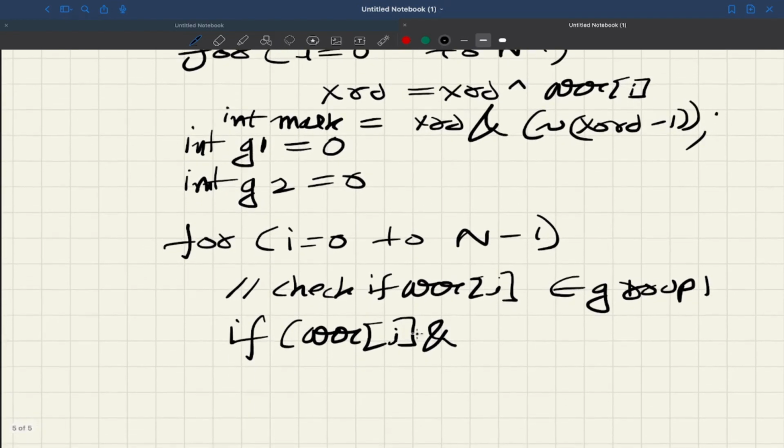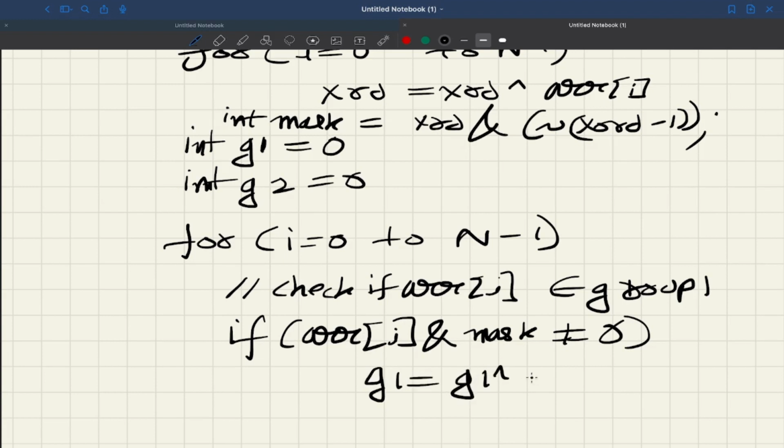So take AND of ARR[i] with mask. If that is a non-zero value, if that is not equal to 0, that means the rightmost set bit of the Zord value, the set bit of mask, is also set in ARR[i]. Okay, then take the XOR of this value in group 1.